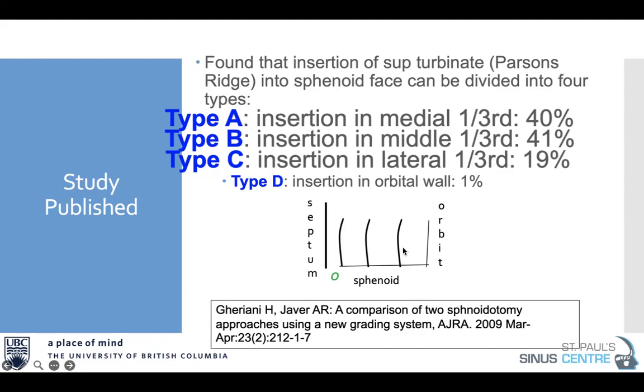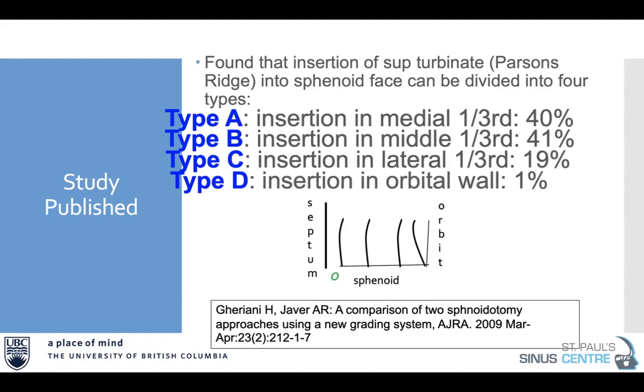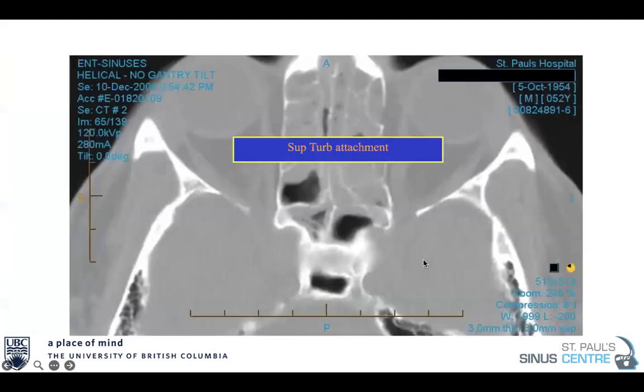If you're coming in here and you think you're way out here, but you're very far out laterally, the optic nerve and the carotid can be very close to you. So when you enter here, you can hit the carotid very easily, which is what happened in our patient. And type D is actually insertion in the orbit. So if you're coming in here thinking that you're far out lateral, you're not. You've been duped, and you're right by the orbit, and you can enter the orbit.